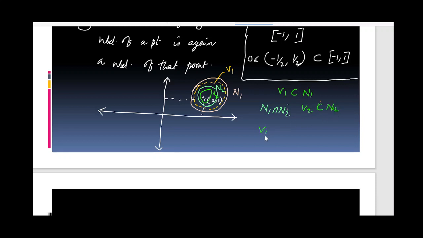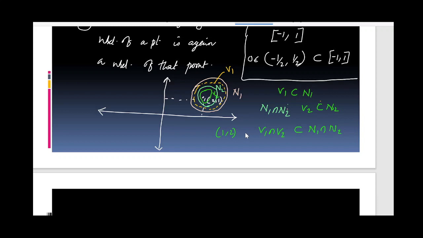Now what about v1 intersection v2? Will it be open? Yes, since v1 is open and v2 is open, v1 intersection v2 is also open, and definitely it will be contained in n1 intersection n2. Now what was your point?